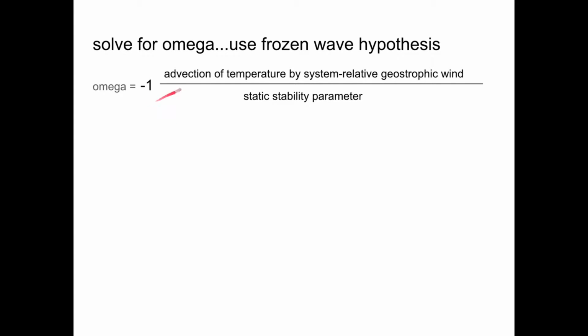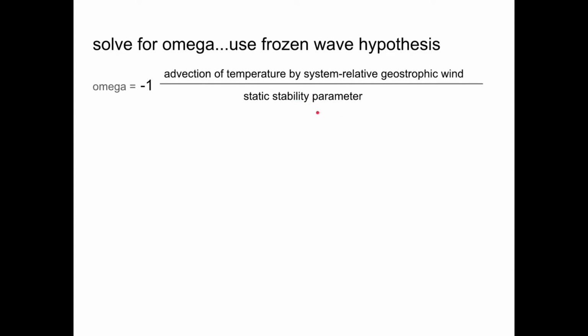So if we do that and we use a frozen wave hypothesis, we find that omega is -1 times the temperature advection by the system relative geostrophic wind divided by the static stability parameter. Thinking about this gives us a really nice way of understanding why we get rising and sinking motion. If the atmosphere is stable, the static stability parameter will be a positive number, and again, we're assuming it's constant in the QG world here.